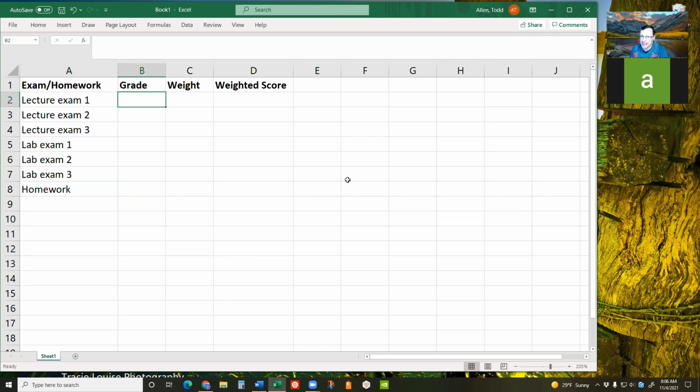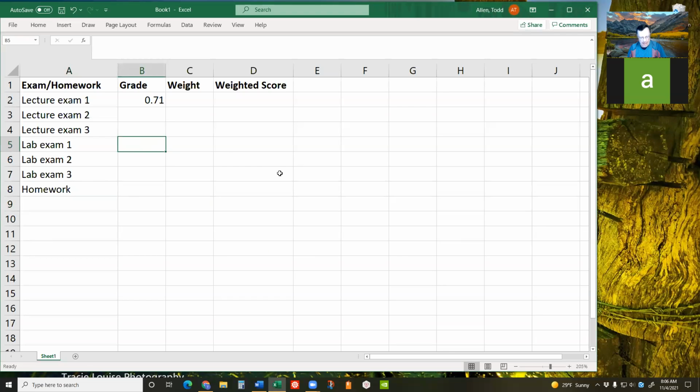So I'm going to use the class average as my grades here. Okay, so you're going to put your grade in as a decimal version of the percentage. So it was 71%, so that's 0.71. Okay. Lecture exam 2, we have not yet done, and lecture exam 3, we have not yet done. So I'm going to skip those momentarily and come back to it.